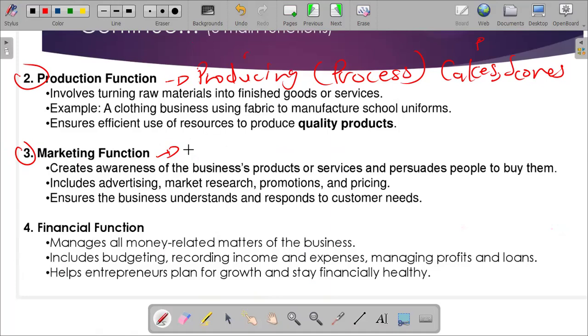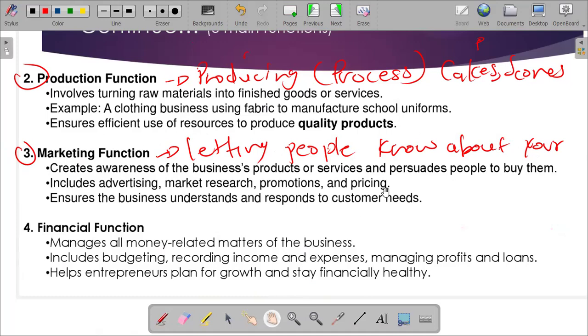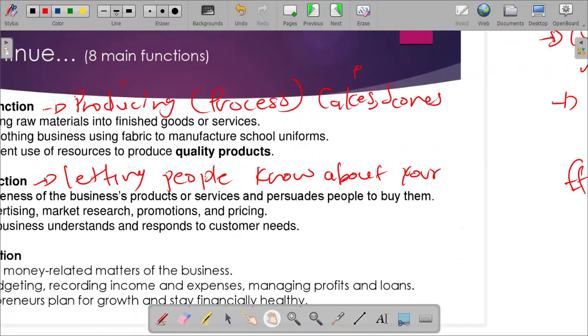Now, this is you letting people know about your product.